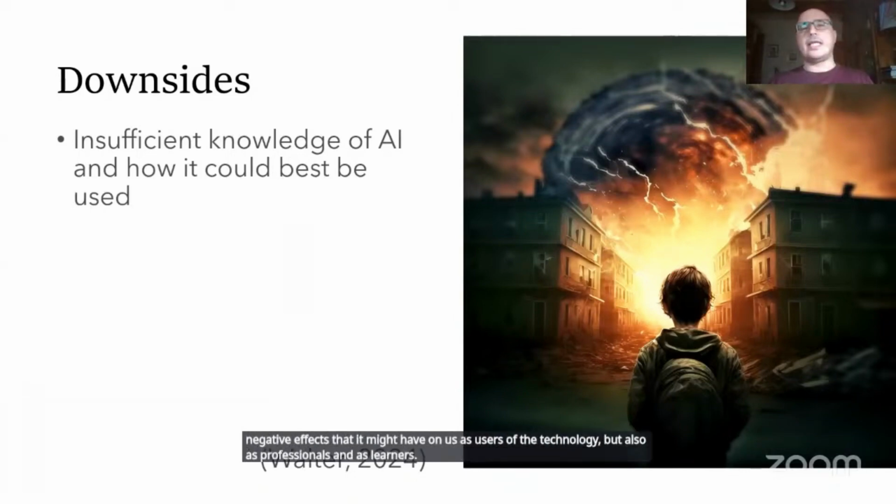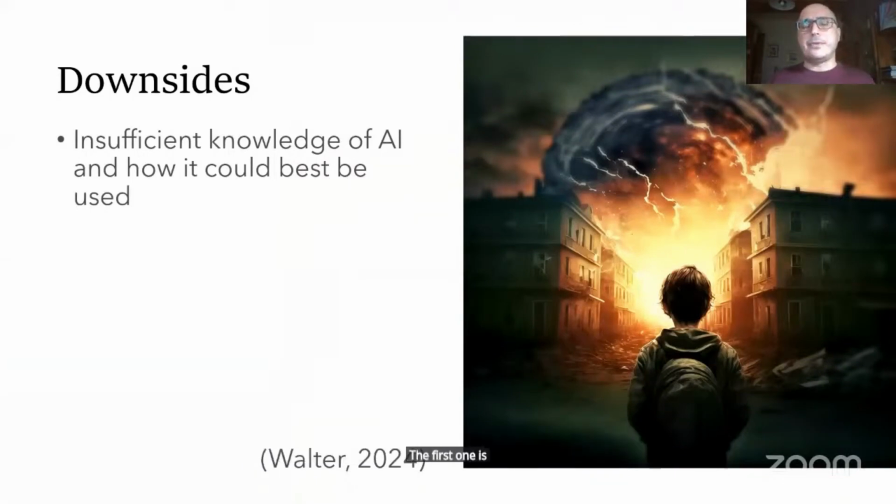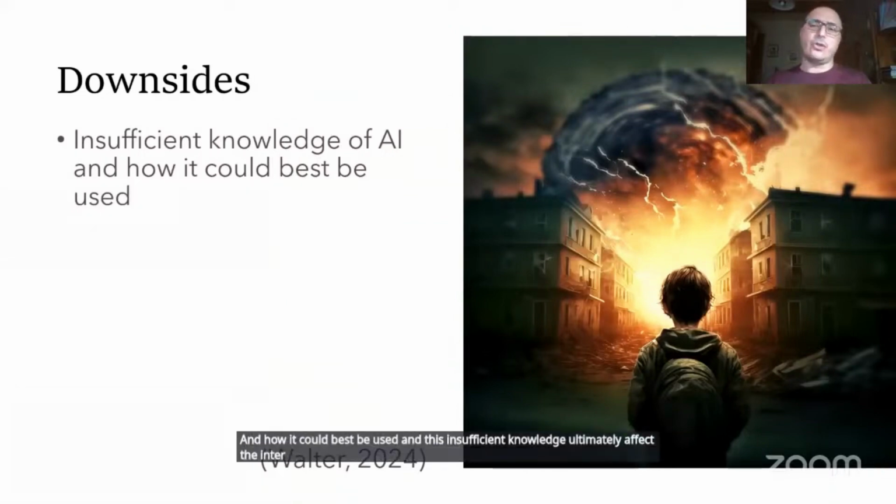The first one is that some people lack a knowledge of how AI works and how it could best be used. And this insufficient knowledge can ultimately affect their interaction with the technology, and it can also harm the use of the technology, or what ends up being the output of that particular use.